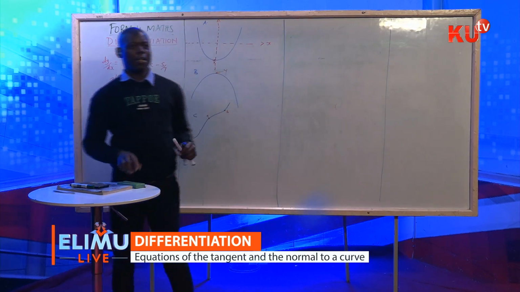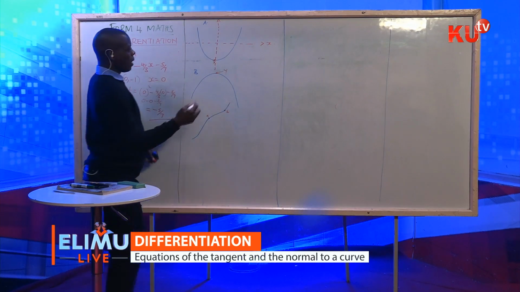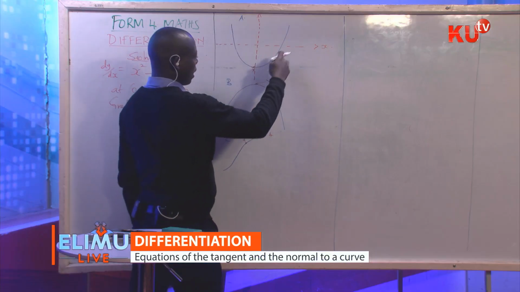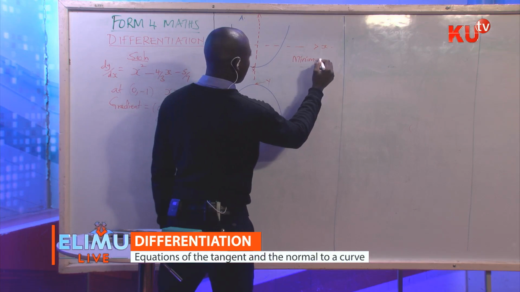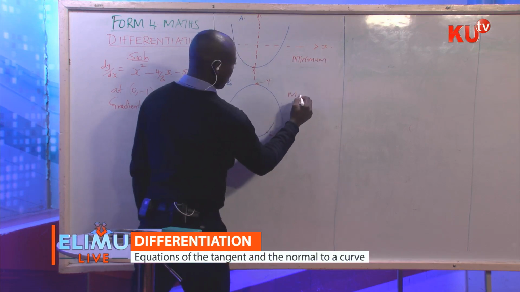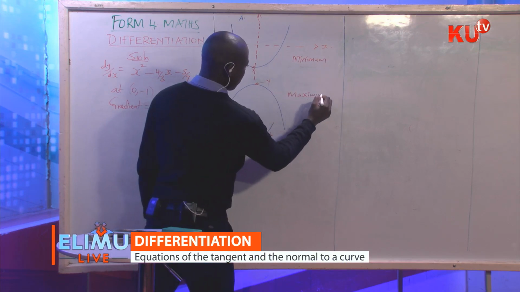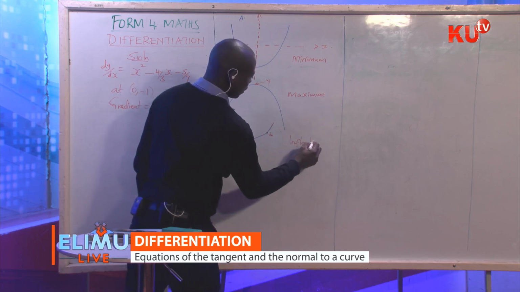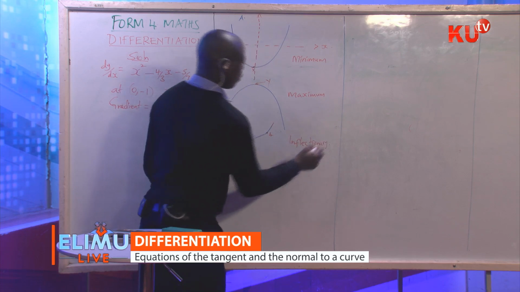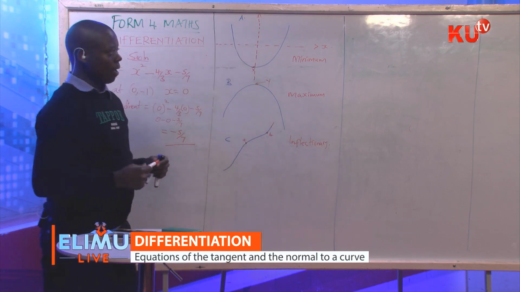The one that turns at the low point is the minimum, and this gives us the maximum, while this is an illustration of a point of inflection.